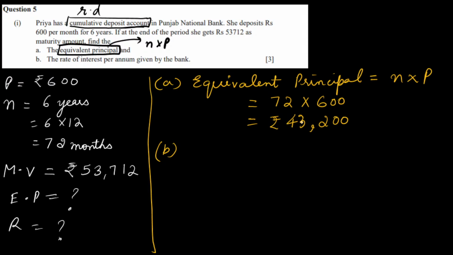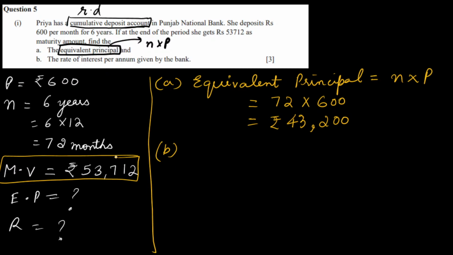Now rate of interest we have to find. See, rate of interest we can find. Which formula we can use? We can use MV's formula because MV is given to us. We can use maturity value's formula and we can find rate of interest.